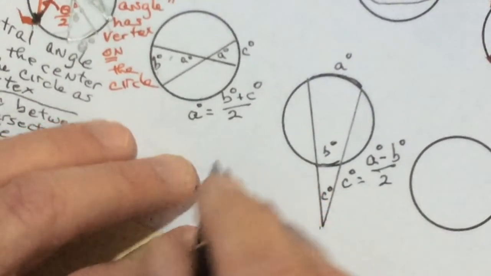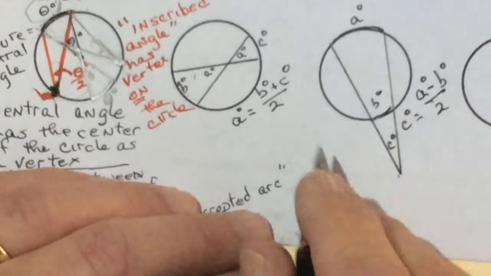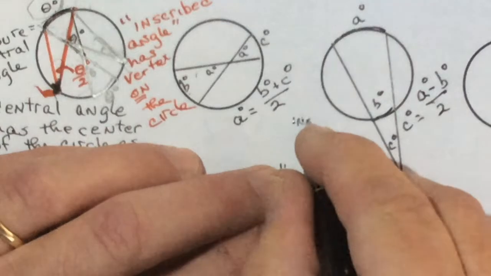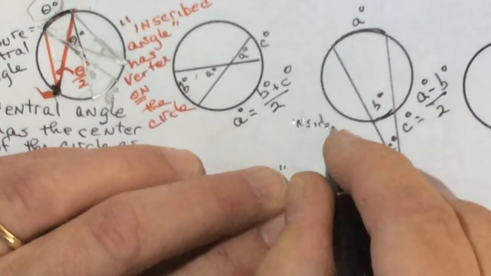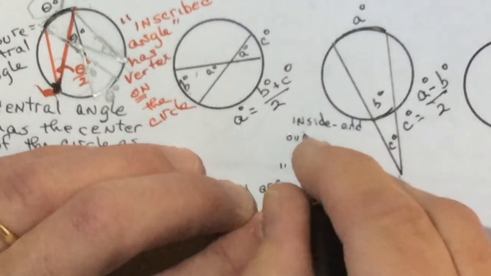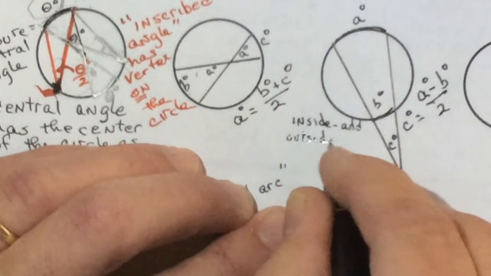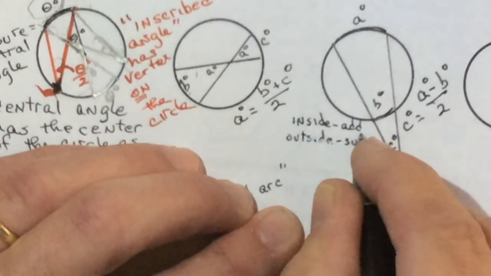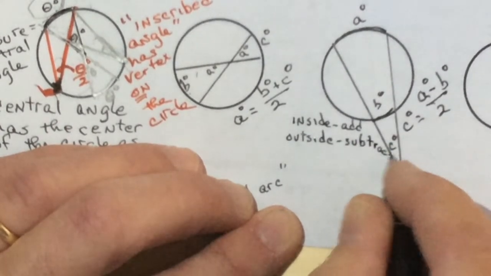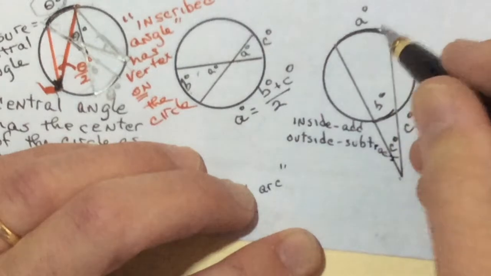And I don't know if this will help you or make it more complicated, but I would write myself a note that says inside, add, outside, subtract. You have two arcs on the outside of them, right? I have one here and one here.